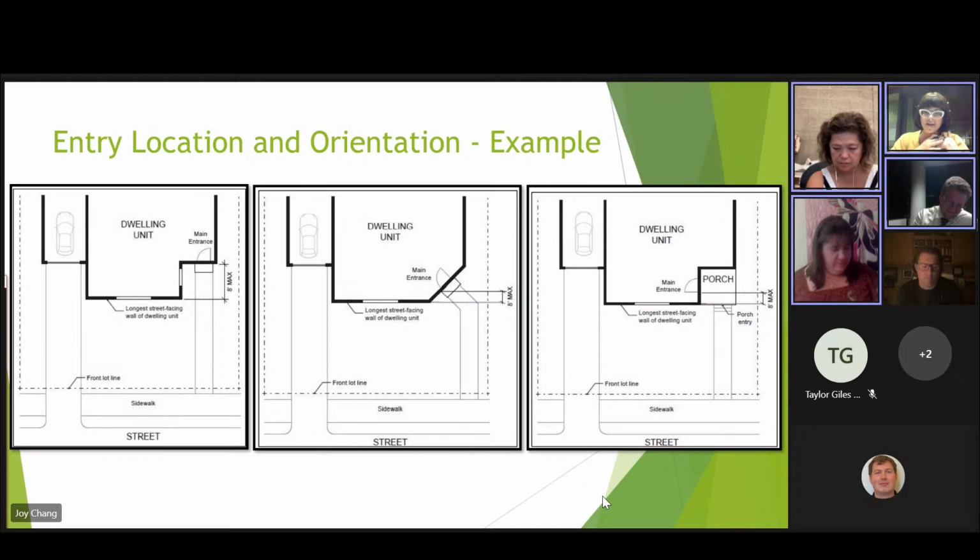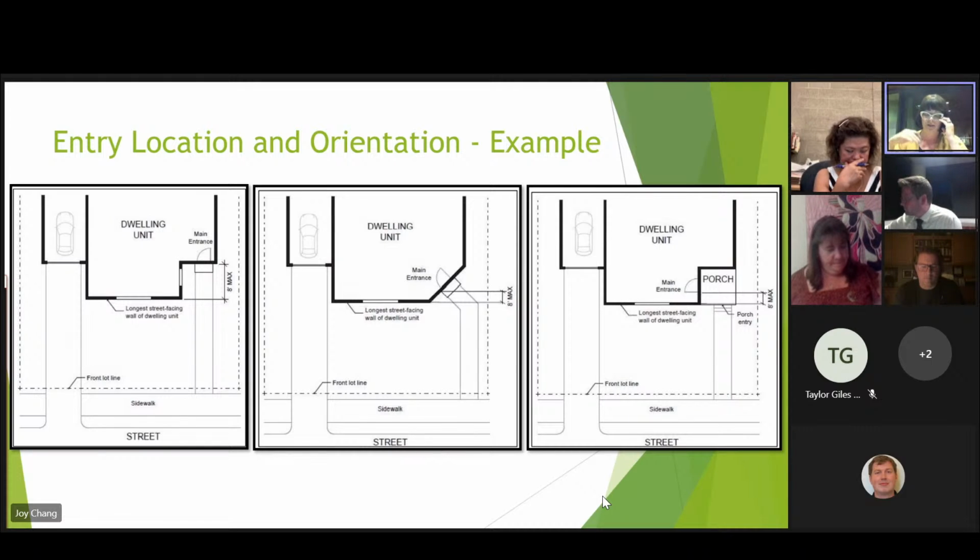I think some things might be hard to quantify in a percentage for design elements. And this is something that we're going to have to look into, for example, those decorative eave cornices.